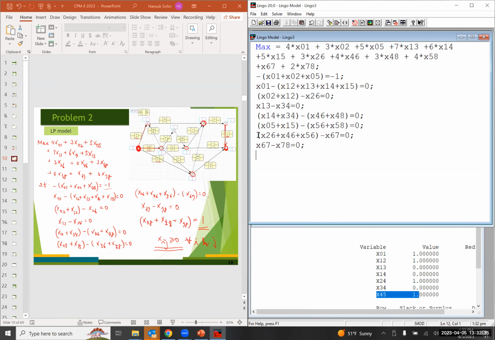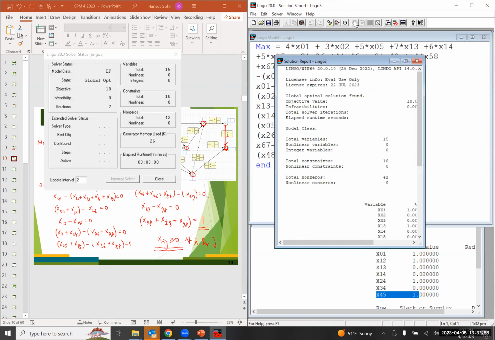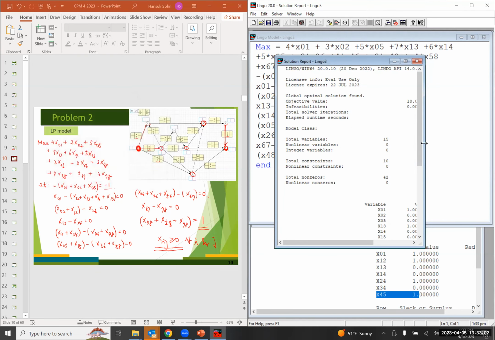Okay, finally, event number 8 that has 3 inflows, x48, x58, x78, and there is no outflow. Okay, that's it. I hope I didn't make any errors. Okay, good. So we got the optimal solution.